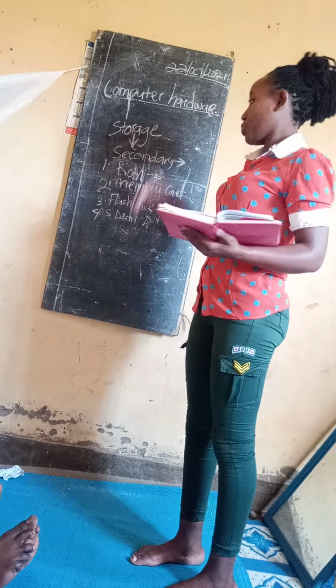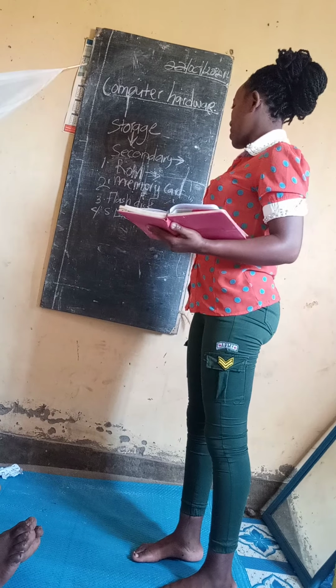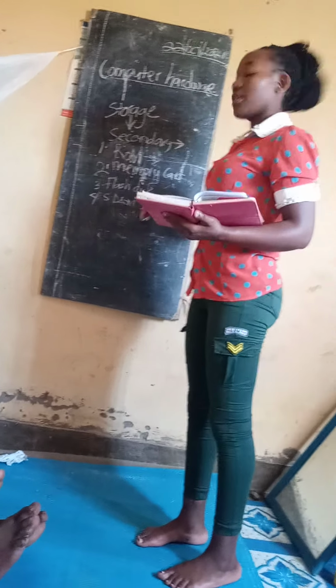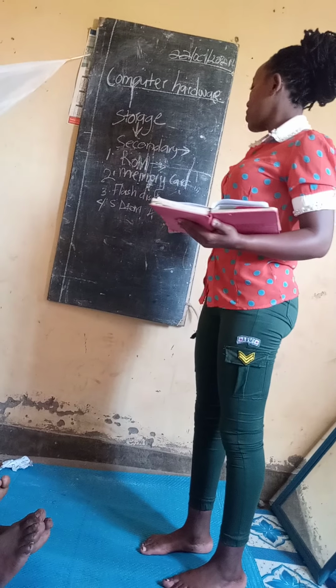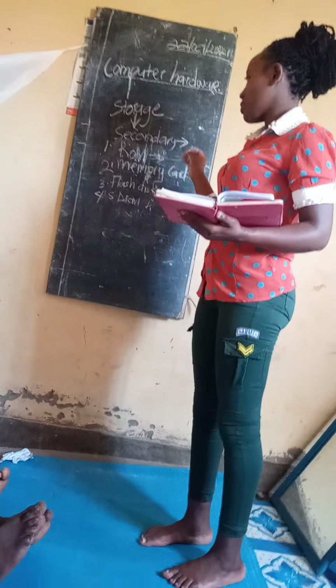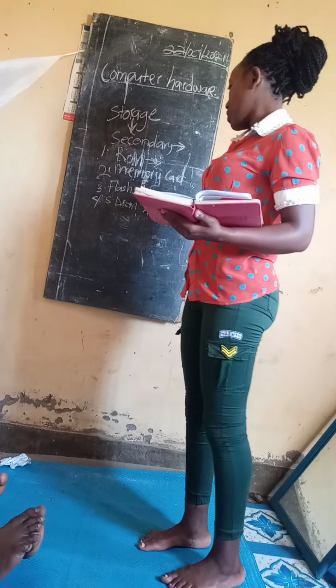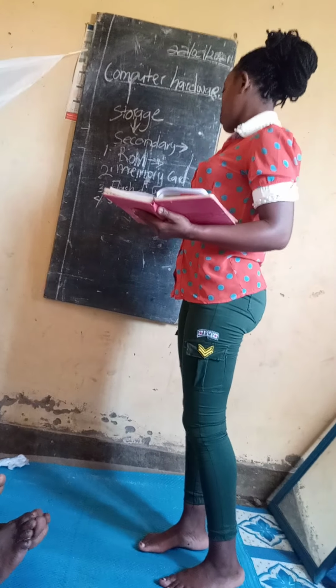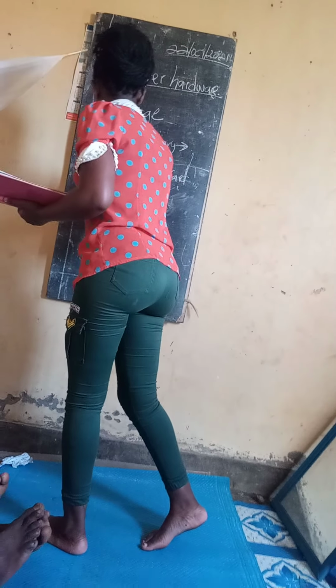You insert your CD in the DVD. You can store many things on that CD, like music and films. If you want to view the information on your CD, you have to insert it in a DVD drive. Then you view your films.